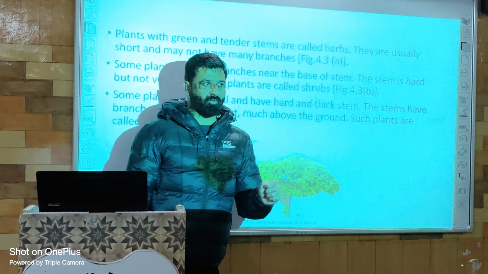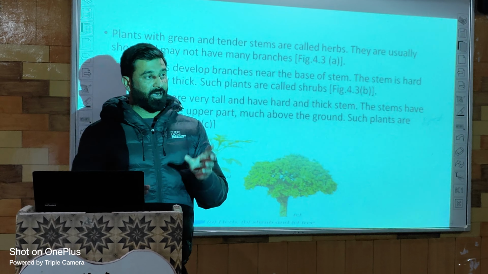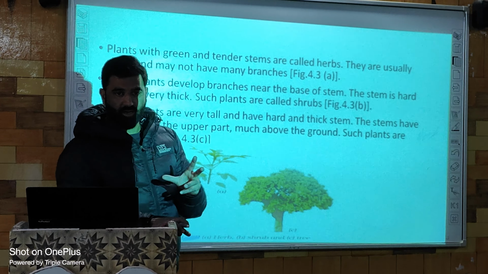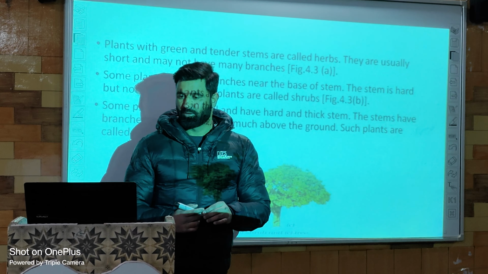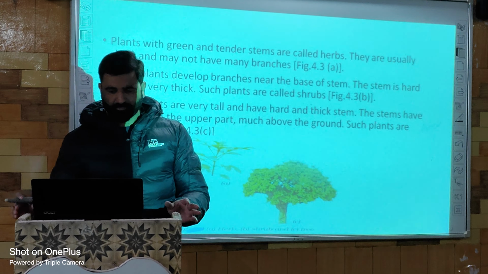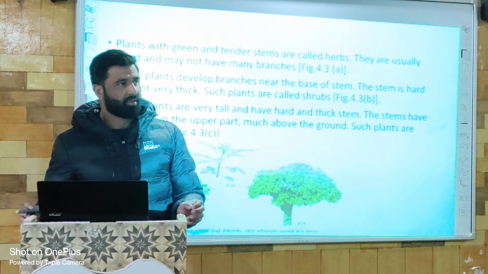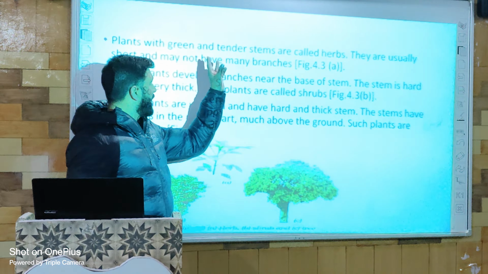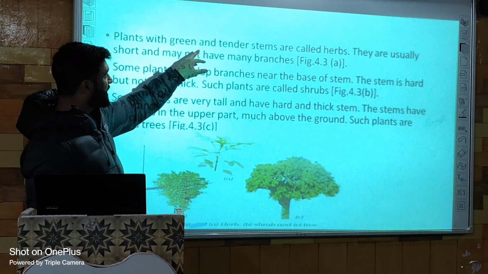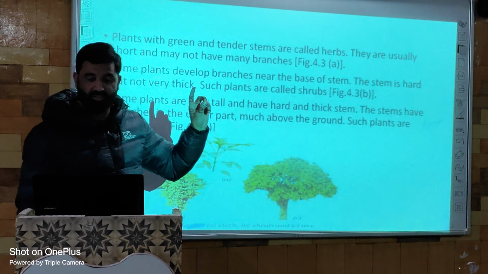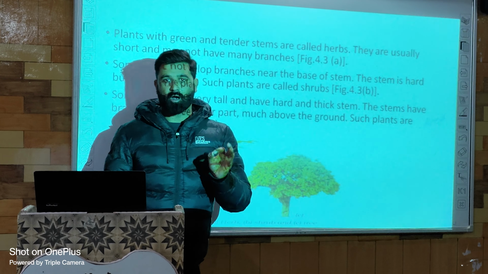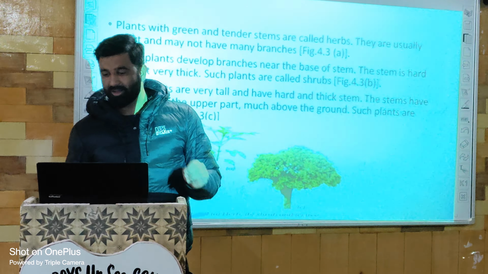So now we can define by this activity. You are able to define now the three types. Plants with green and tender stems are called the herbs.